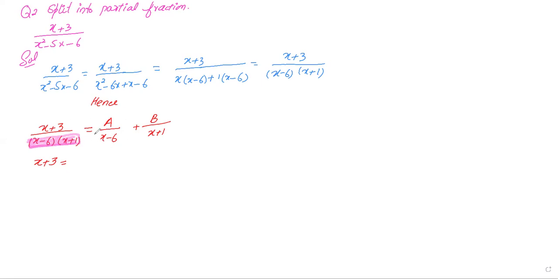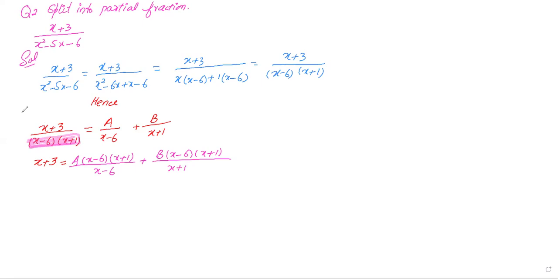So I have A times (x − 6)(x + 1), divided by (x − 6) as it is, plus B times (x − 6)(x + 1), divided by (x + 1).